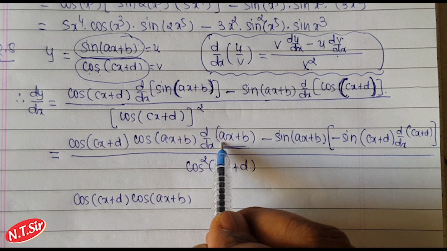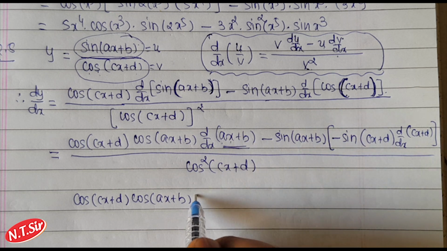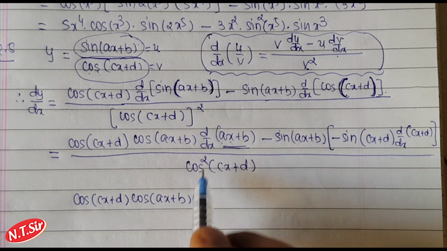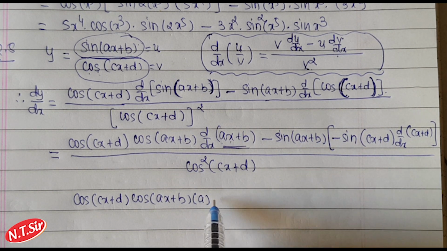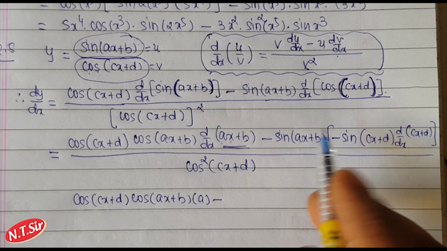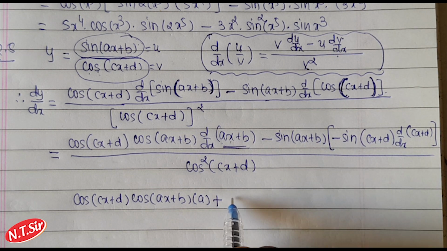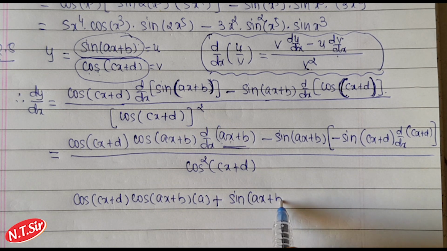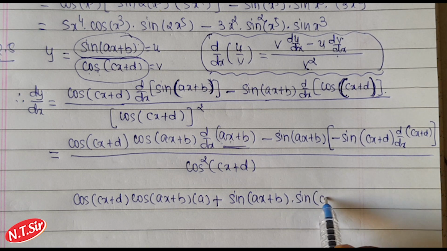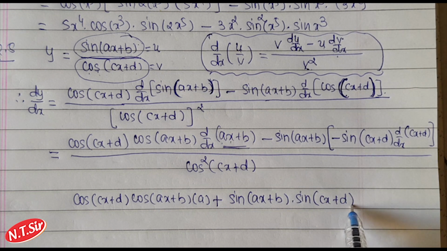A is constant, derivative of x is 1 and derivative of b is 0, so this is a, minus, and this is minus, so this is plus, sin(ax plus b) into sin(cx plus d).